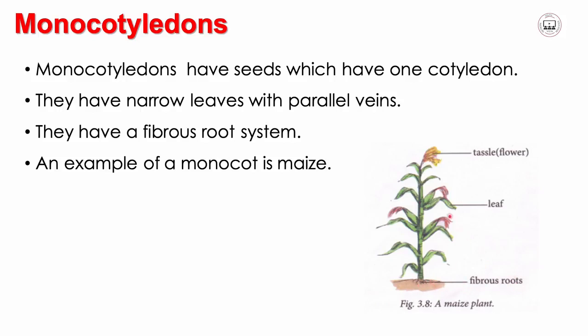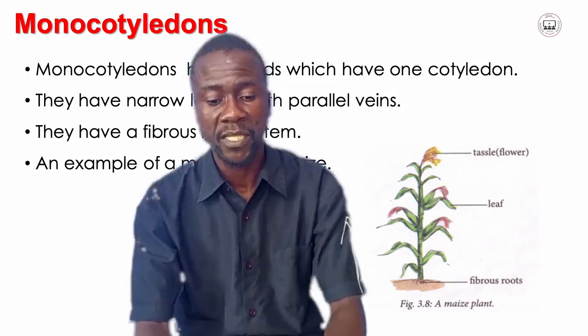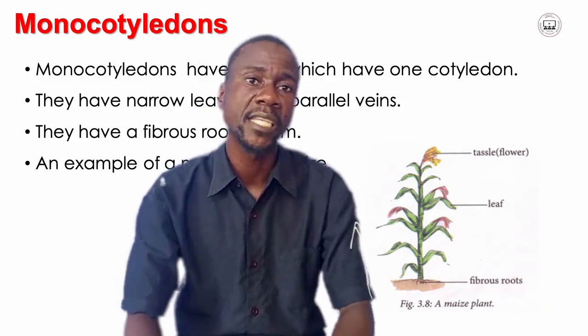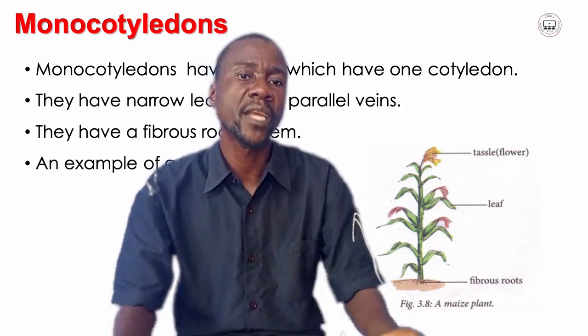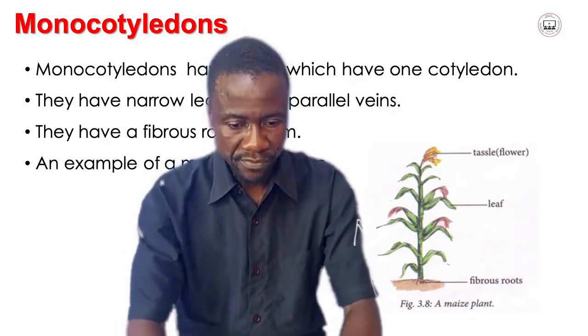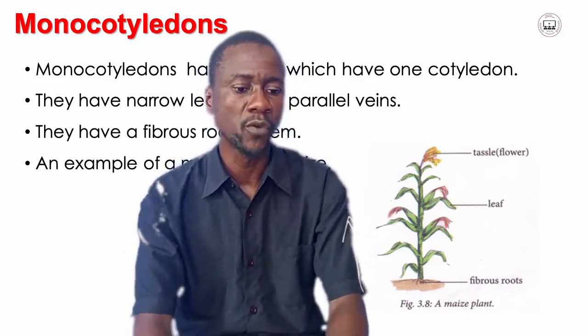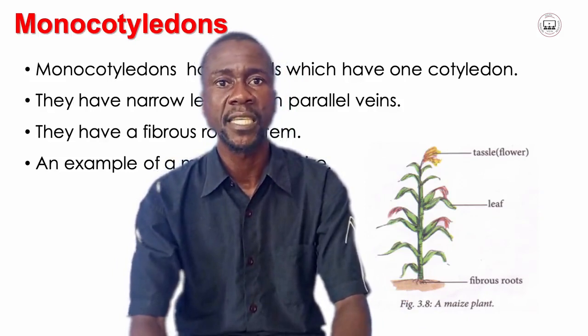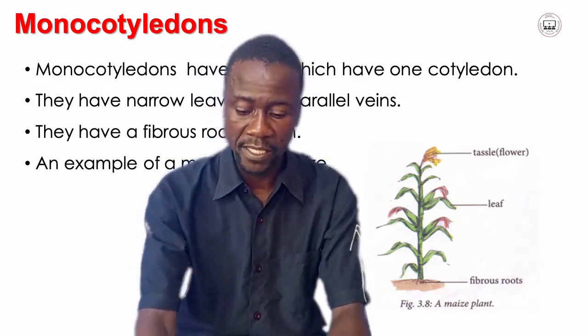And then the leaves have veins which are parallel to each other. They seem not to meet. Although a leaf ends at the apex, here the veins are almost parallel. So this is a demonstration of the monocotyledons as a type of flowering plant.